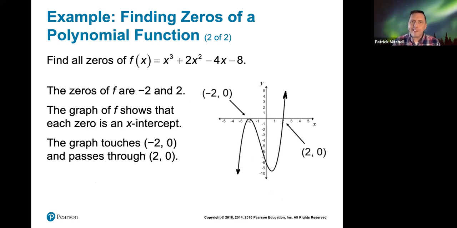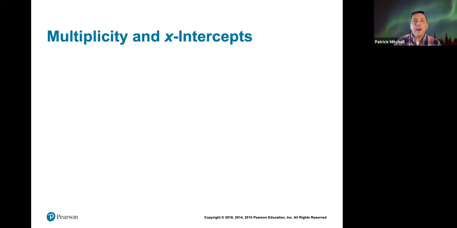So I love this example for that reason, because that kind of leads into the very next thing we're going to talk about, which is when can you tell whether the graph is just going to touch its x-intercept or cross right through it. And that has to do with a concept called multiplicity. I just love that word. What a great word. Multiplicity and x-intercepts.